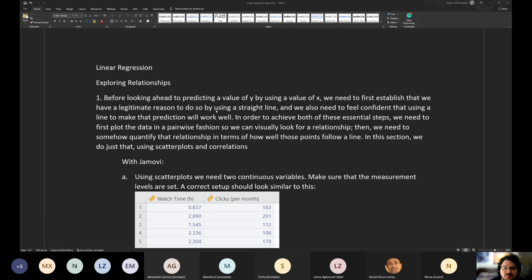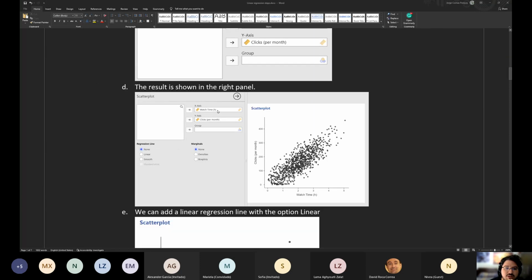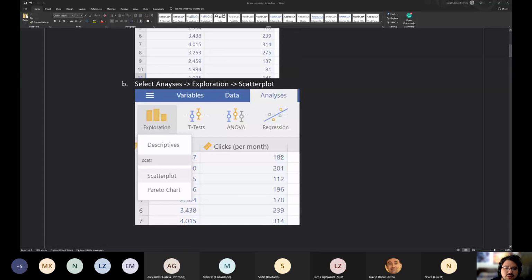Okay. Then once we do that, we can do it with scatter plots, okay, in Jamovi.